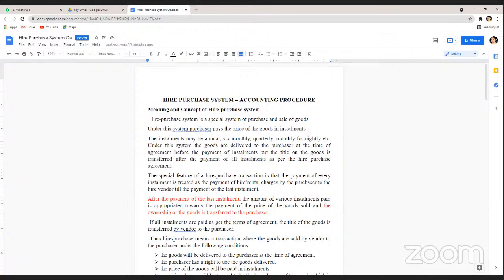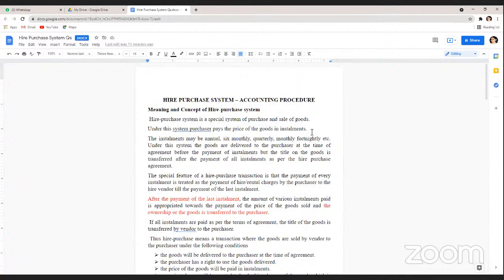But under the installment system, the purchaser cannot return the product, and on default of payment of installments by the purchaser, the seller can sue him and legally charge him for recovery of the loan.